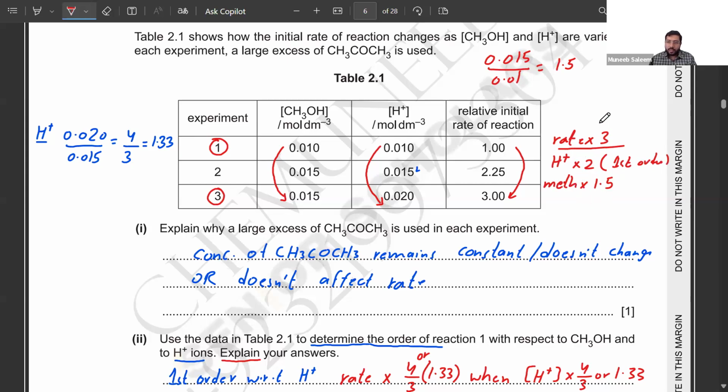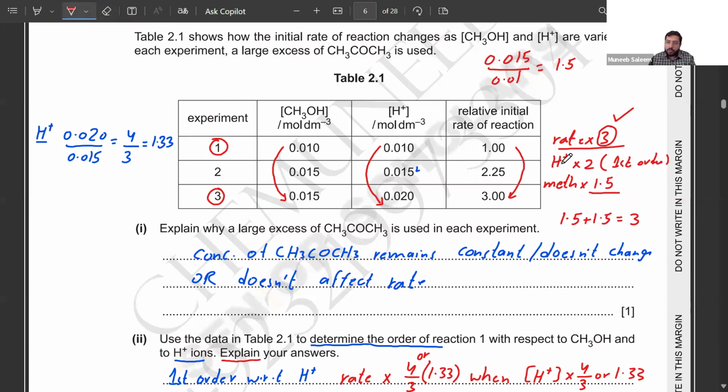So I can say that the value of 3 can be obtained this way: 1.5 plus 1.5. I write plus because I have to make it 3. This gives the value of 3, which means the rate has been increased by 3 times when the methanol was increased by 1.5 times.